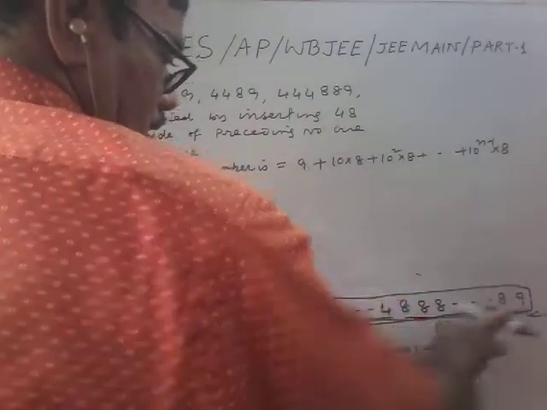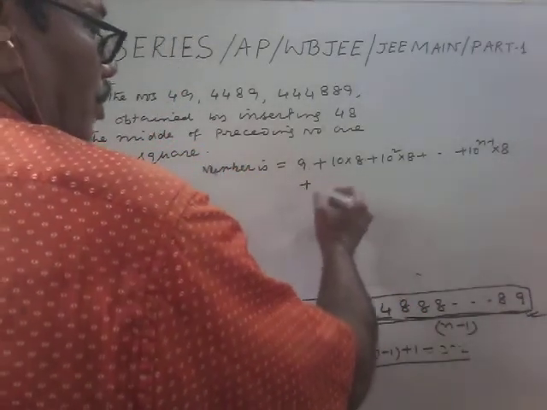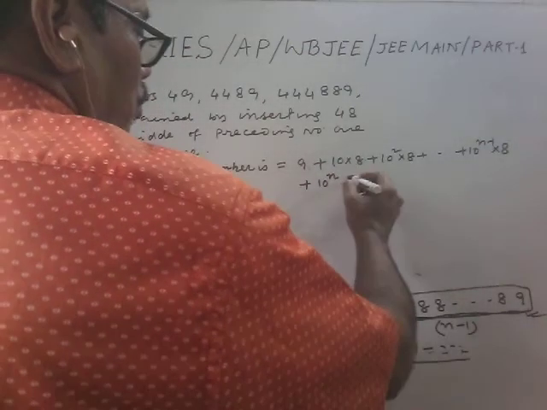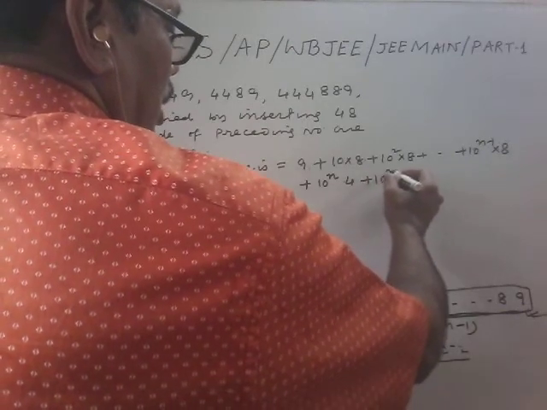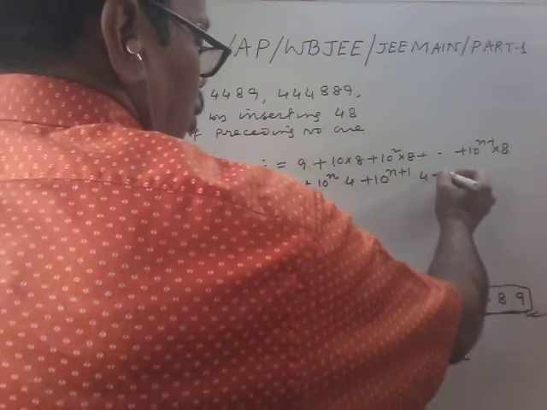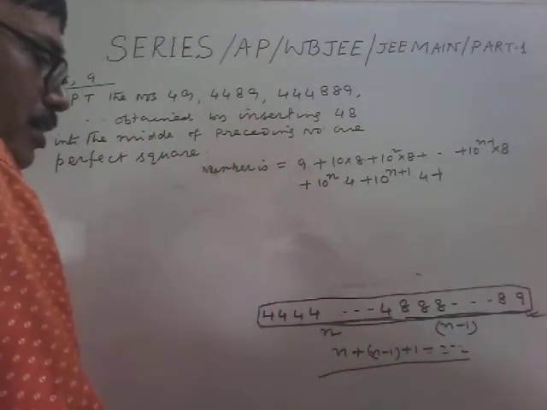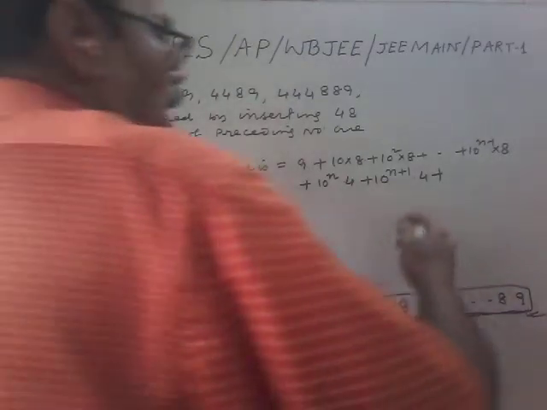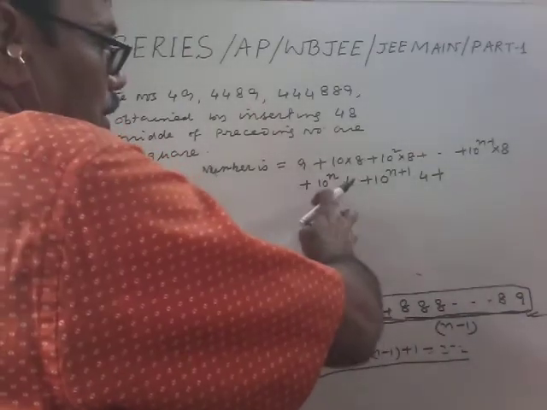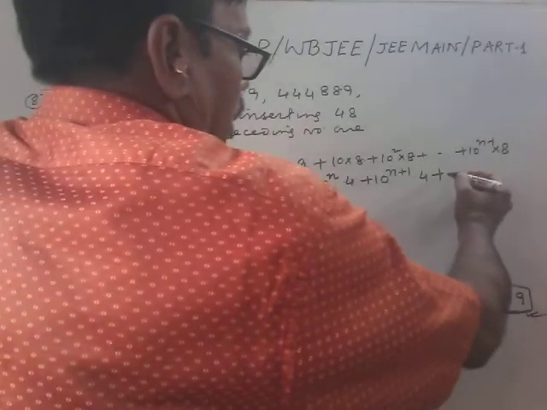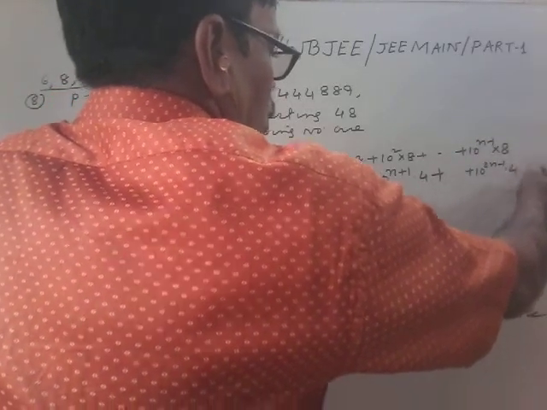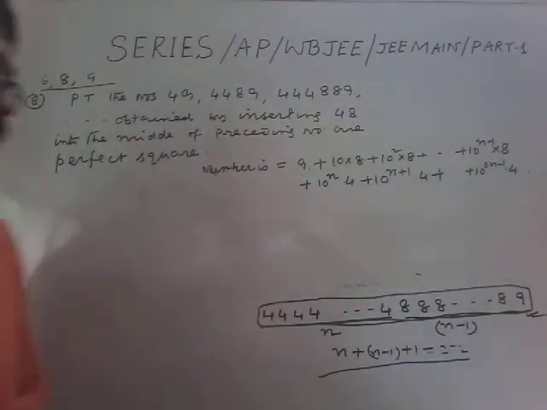So up to this is n. Then 10 to the power n into 4, 10 to the power n plus 1 into 4, and finally we get 10 to the power 2n minus 1 into 4.